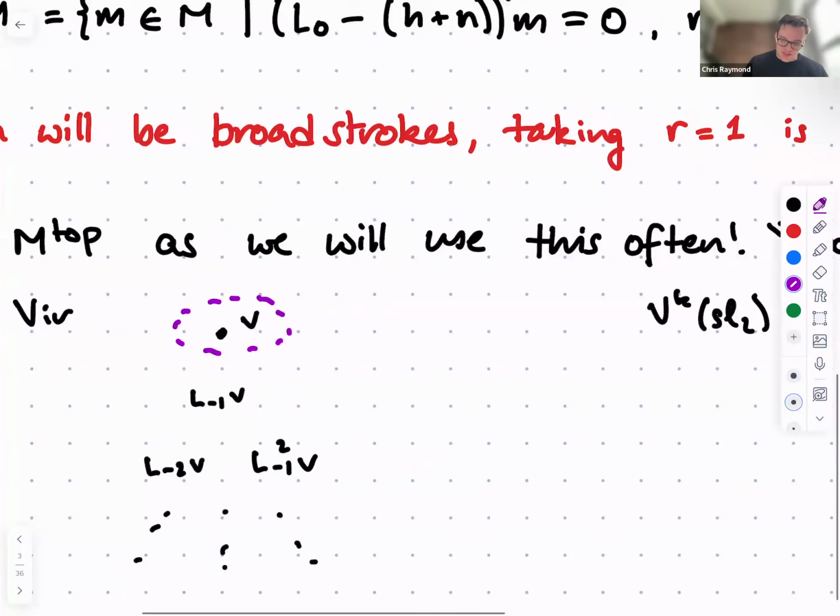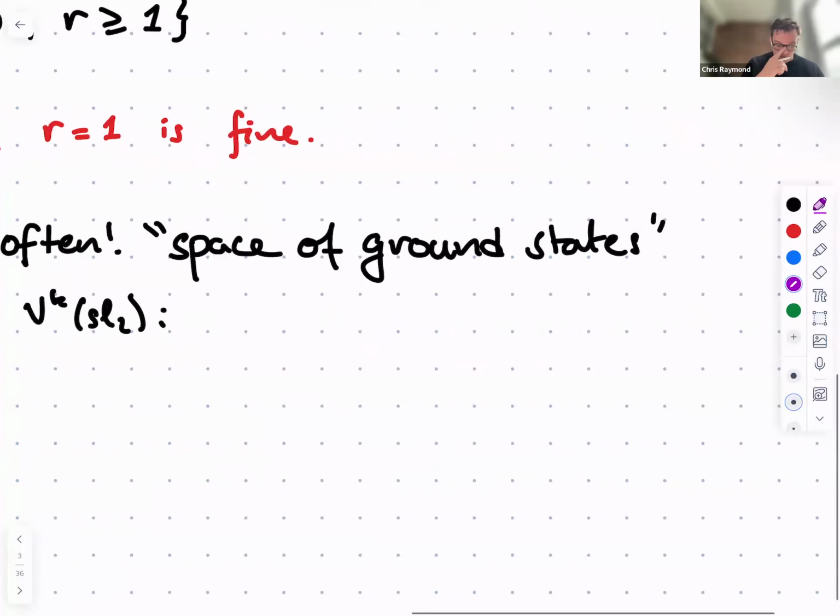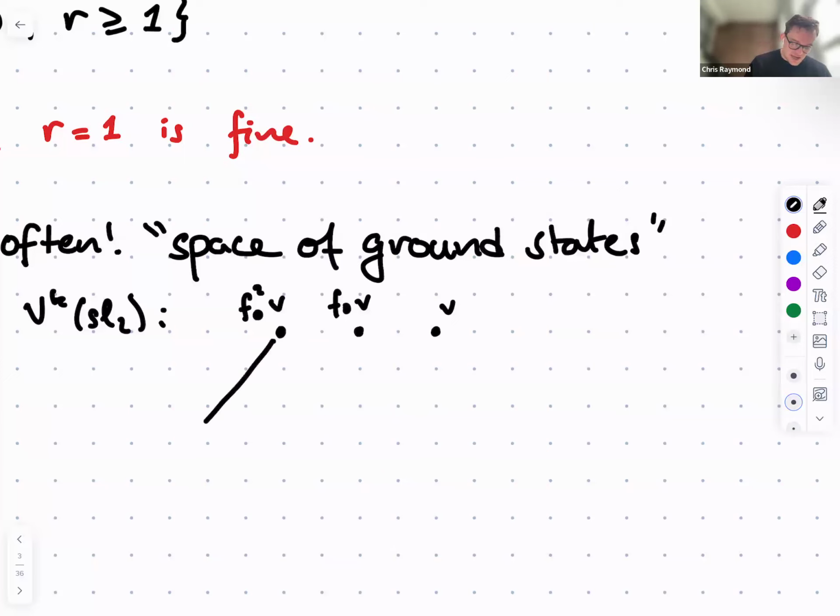Now I can think about something slightly more interesting. I can think about modules over affine SL2. In that case, a very nice example is something like the usual finite top space, the admissible highest weight modules. So here I might have some series of vectors at the top where this will be my V. This would be F0 acting on V. This would be F0 acting twice on V. And maybe that's the profile of my module.